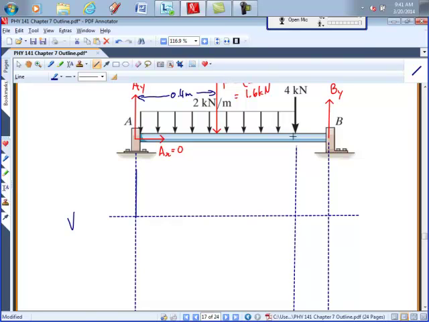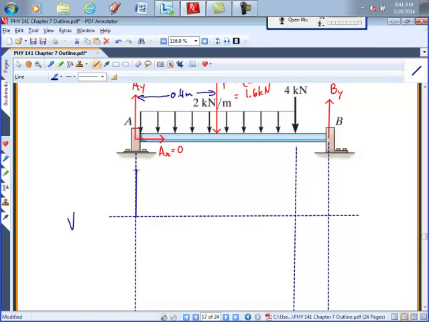It goes down linearly because I have this distributed load here, which is downwards at 2 kilonewtons per meter. So that means the slope of this is going to be -2 for 0.8 meters. How far is it going to go down? 1.6.